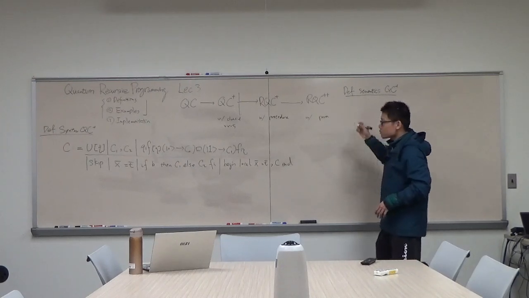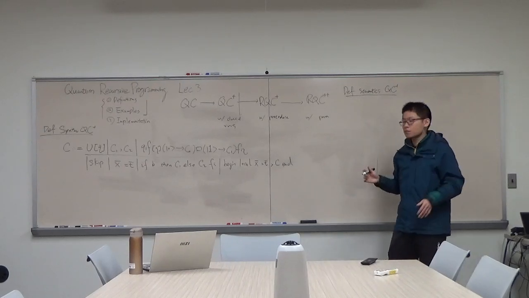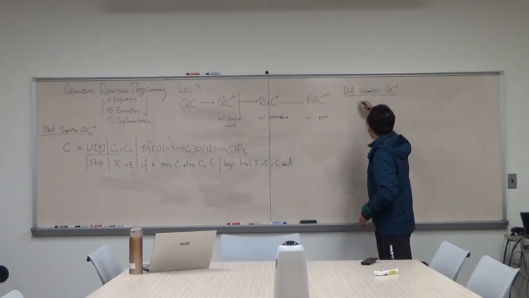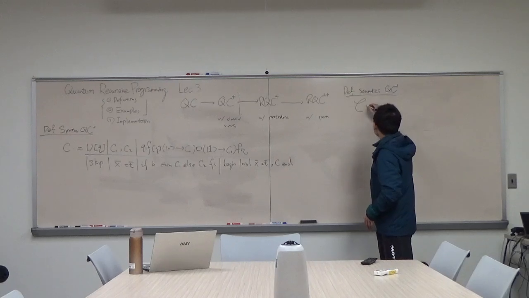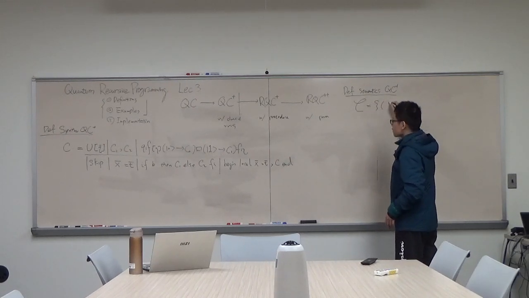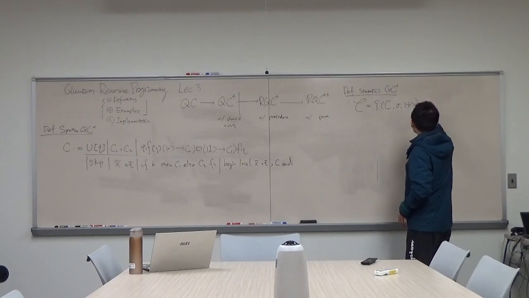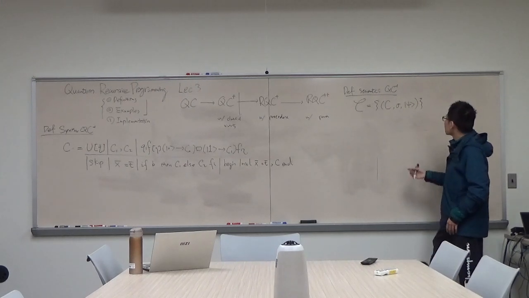The semantics, remember, is defined as transition between configurations. So what is a configuration? The configuration space consists of such triples, and each triple has the form C, sigma, ket psi.